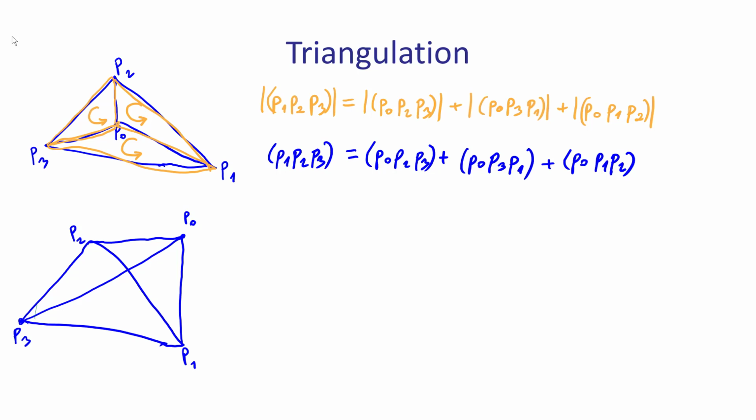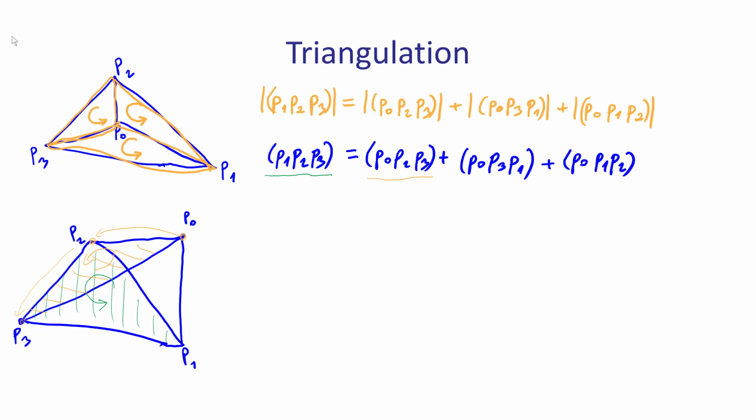So the area of the original triangle, which is here, and this is what we have here, P1, P2, P3, is computed in that direction, which is counterclockwise. Now the second one is P0, P2, P3. So it's P0, P2, and P3. So this is the area of the triangle. It's still going the same way, because it goes from this one to this one to this one, counterclockwise.